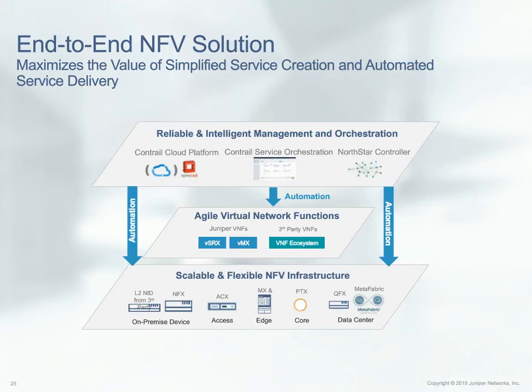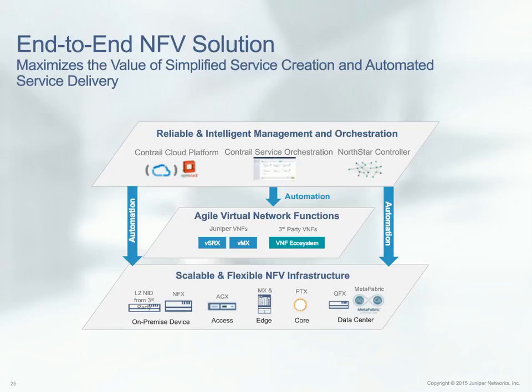So looking really at our management and orchestration layer, it's comprised really of three major building blocks here. First is the Contrail Cloud Platform, which has the Contrail networking element to provide PNF and VNF configurations, as well as Contrail Cloud, which has the integration with OpenStack for compute and storage management in a cloud environment.